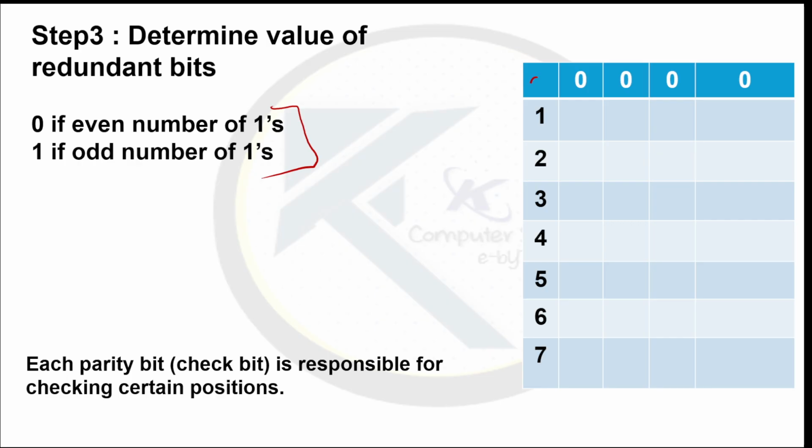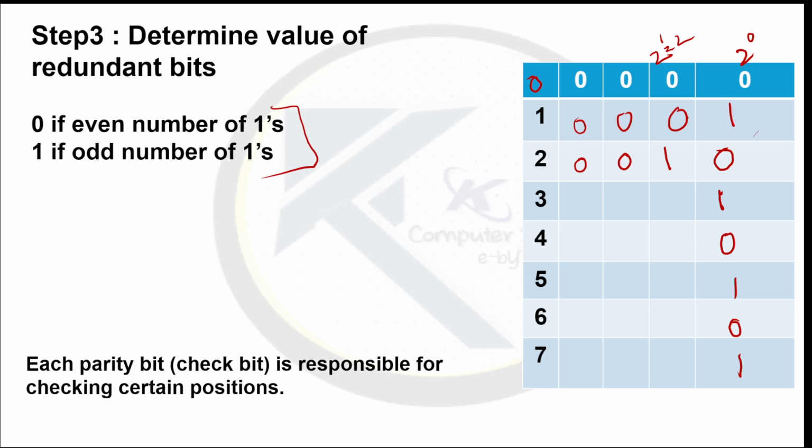Here you have to just generate the binary table. This is the code for 0. The code for 1 you know is 0001 and for 2 it is 0010. This is just 4-bit code. But you also know that for this location 2 to the power of 0, you just have to write alternating ones and zeros. This is the position 2 to the power of 1, that is 2.